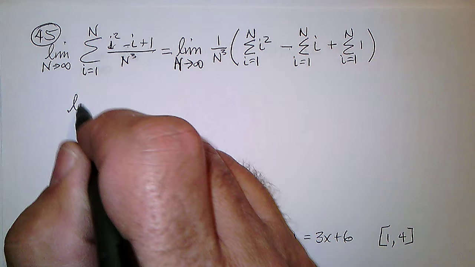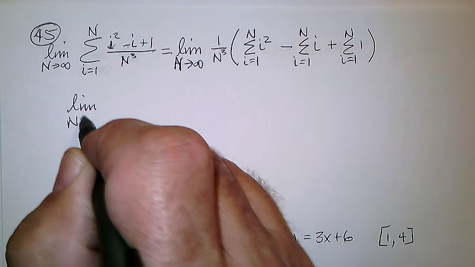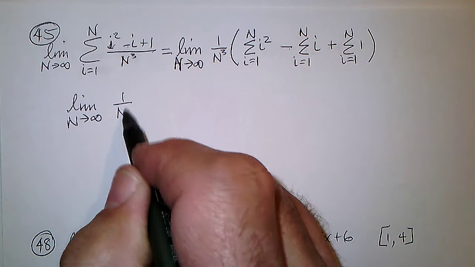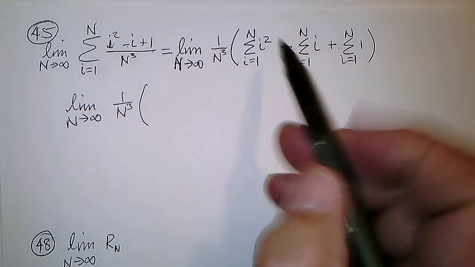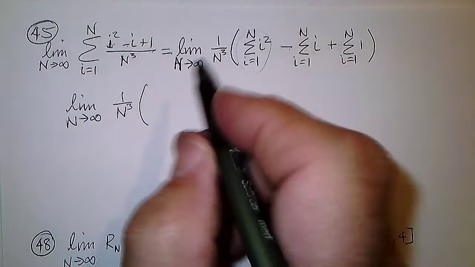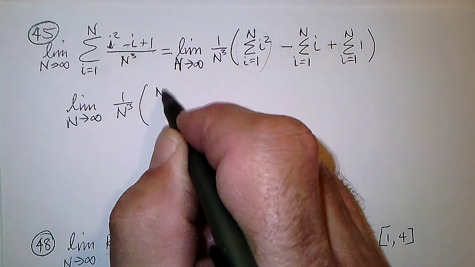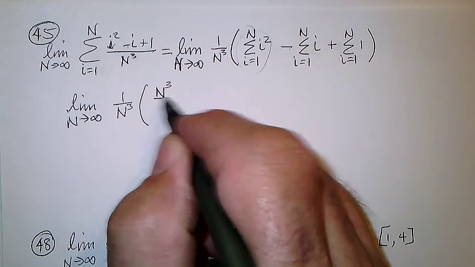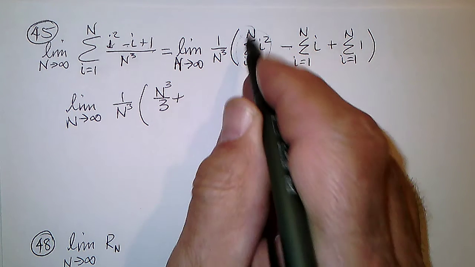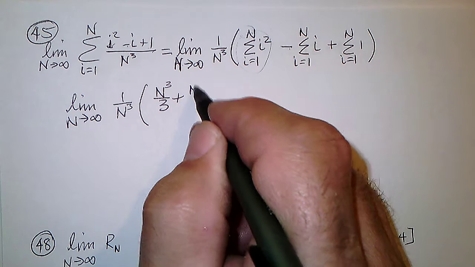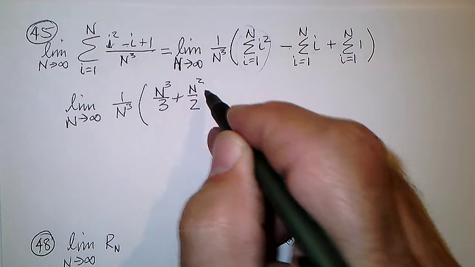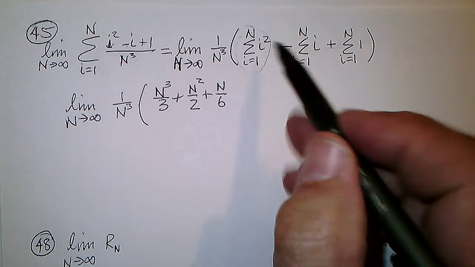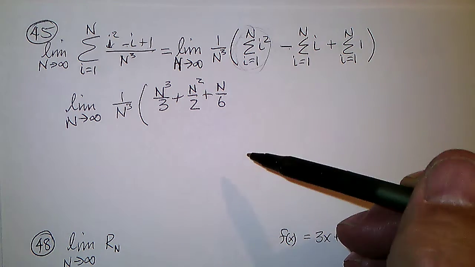So I have the limit as n goes to infinity of 1 over n to the third. The squared one, again, from the formula in the book, it's n to the third over 3 plus n squared over 2 plus n over 6. That's what this one would be.